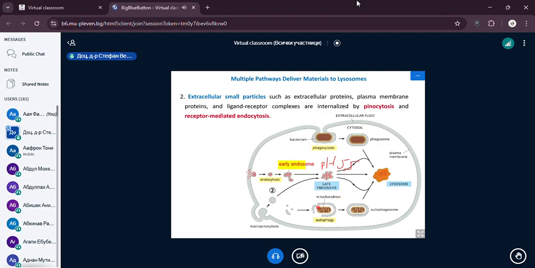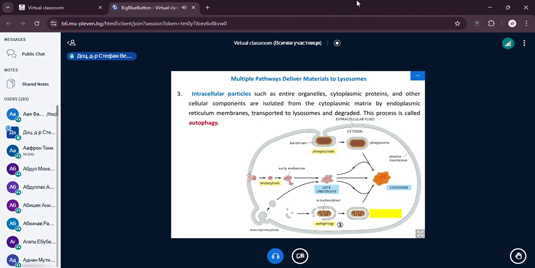And then primary lysosomes containing the inactive enzymes reach the late endosomes and change this into a secondary lysosome. So that's the second route of delivery of material to the lysosomes.